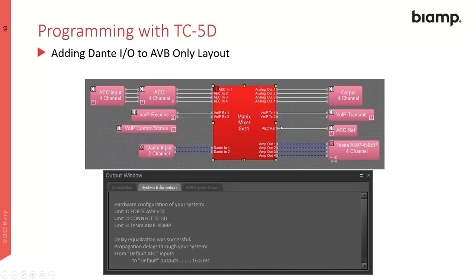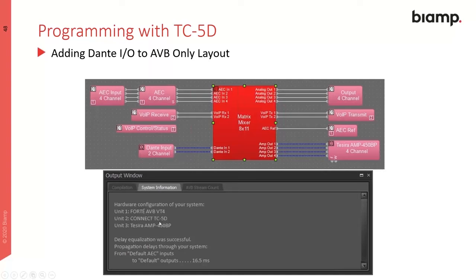But you will notice these blue lines coming from a Dante input. The blue lines are AVB media in your system. This is true because this is coming from unit number 2, and if you look below, it is a TesiraCONNECT 5D.